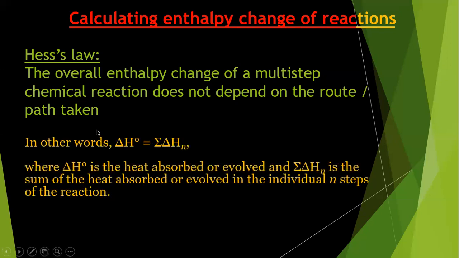Now, we can show Hess's law in another way also, where we say delta H is equal to summation of delta H n. N is to show the number of steps involved. So delta H is the heat absorbed or evolved, and summation of delta H n is the sum of heat absorbed or evolved in the individual n steps of the reaction.